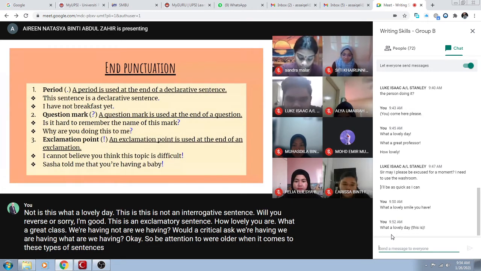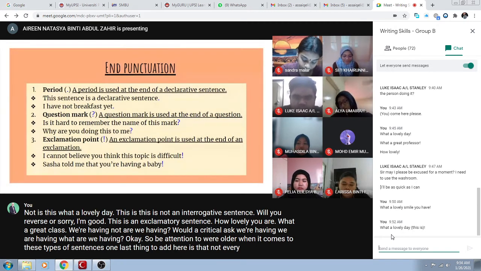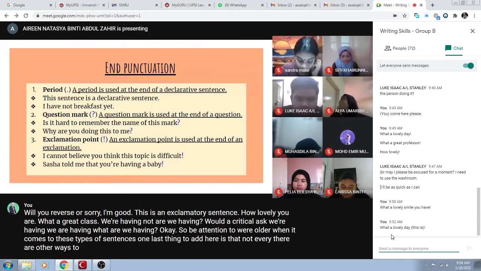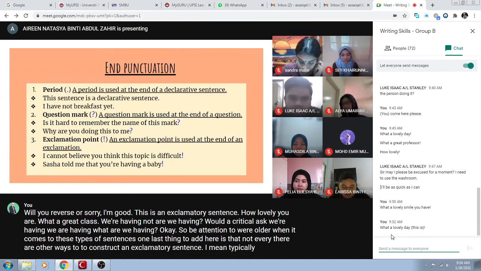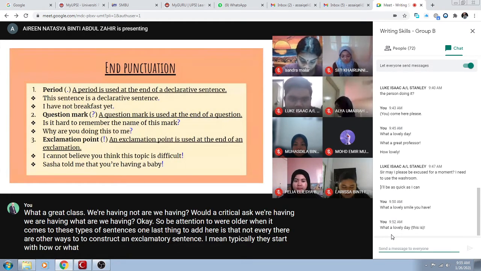One last thing to add here is that there are other ways to construct an exclamatory sentence. Typically they start with how or what, but they can also start with other things, like the house is on fire.